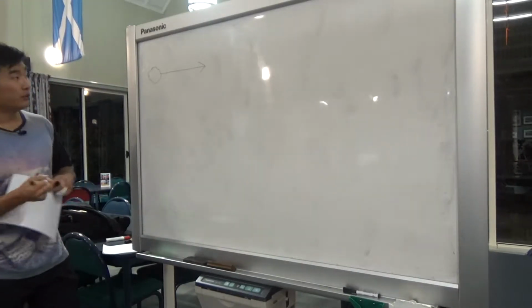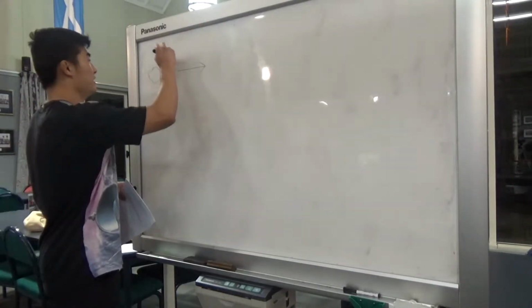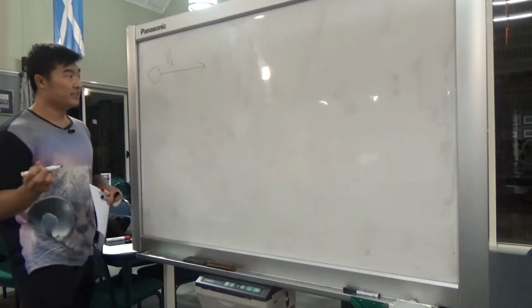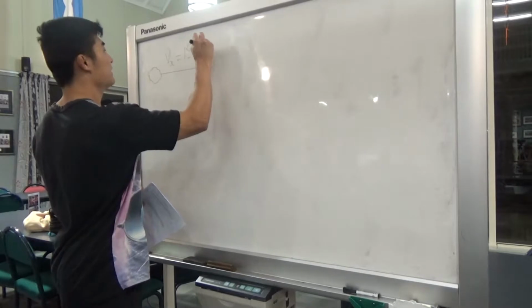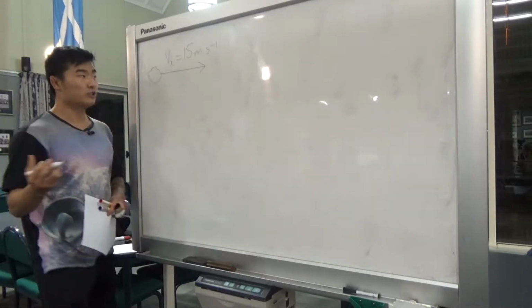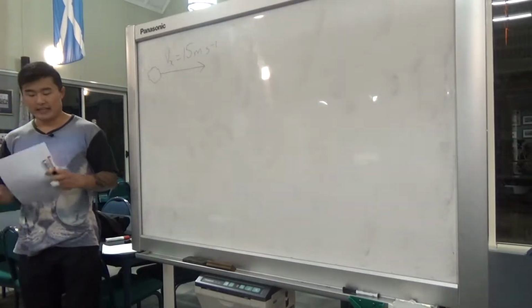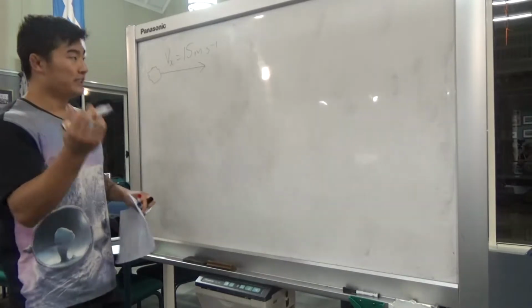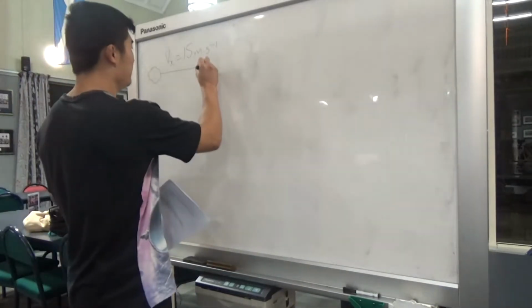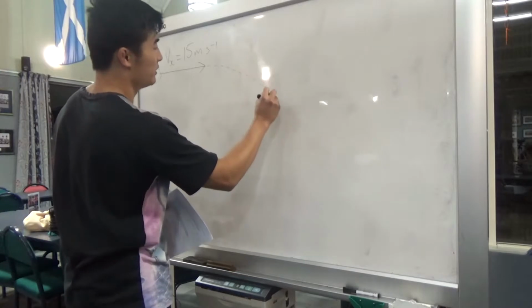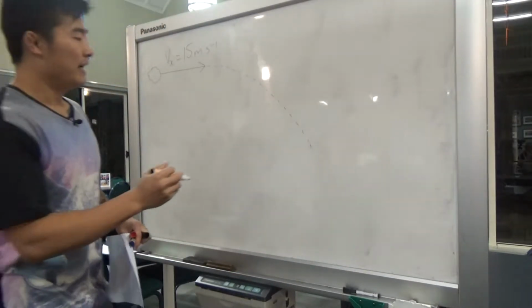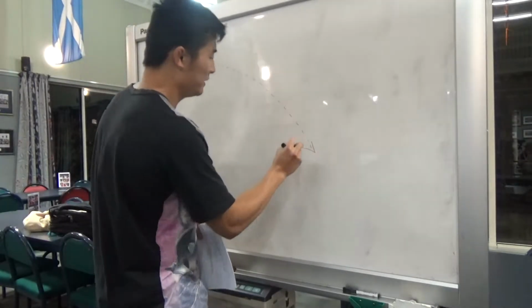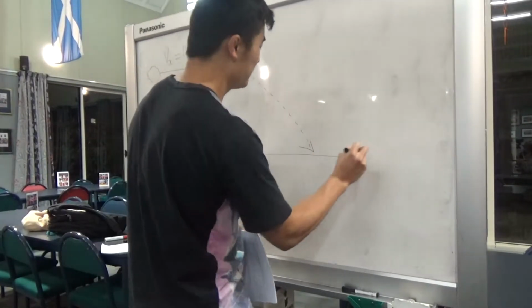So we have the initial velocity, which is 15 meters per second horizontally, okay? And once the bird drops the stone, it's going to accelerate downwards, and eventually it will hit the ground, right?